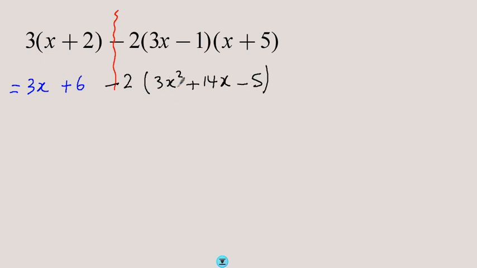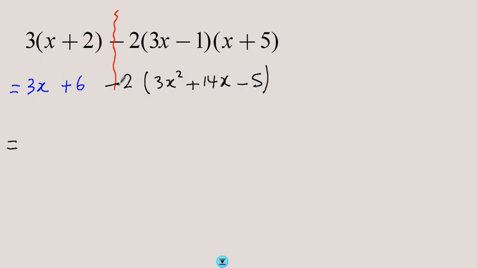But the x squared term exists only in this bracket. So in order to keep things neat and tidy, we can do this also by a shortcut. Rather than multiplying out this bracket and then simplifying, I can do things in my head.